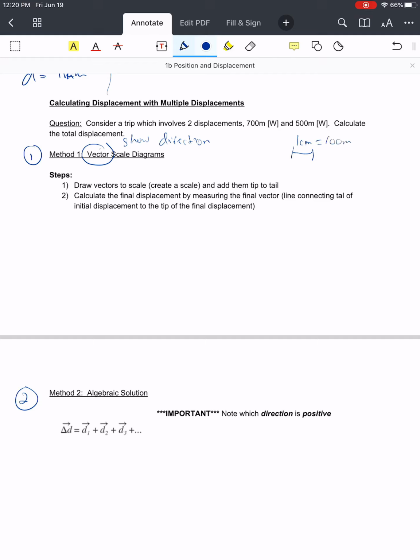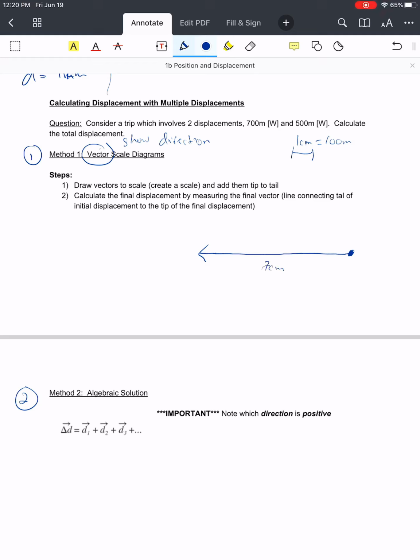So every 1 centimeter on my diagram is going to be equal to 100 meters. Because I'm traveling west, I'm going to start off over here. So this is my starting point. My first displacement was 700 meters west, so I'm going to draw a line that is about 7 centimeters long. Call that 7 centimeters.